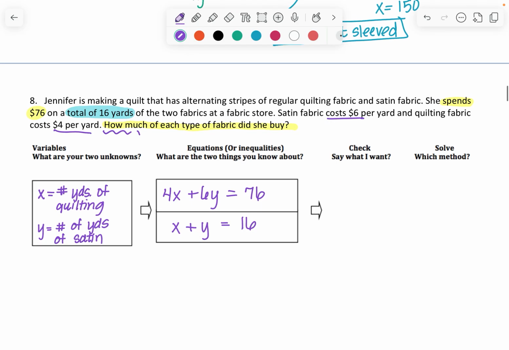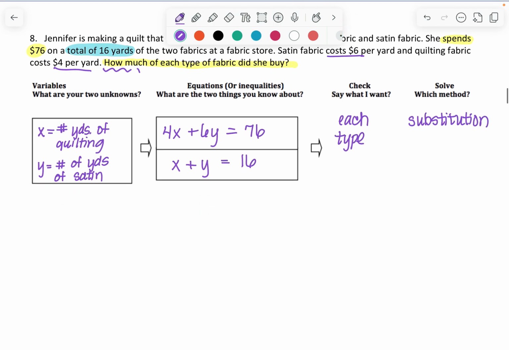Okay, so we are trying to find each type and how much she got of each. And then we can choose a method here. Now, this one would be a really good candidate for substitution or for elimination. It doesn't make any difference which one you use. I'm going to use substitution this time just to review something a little bit different. Okay, so if I'm going to use substitution, that means I need to get one of these variables by itself.